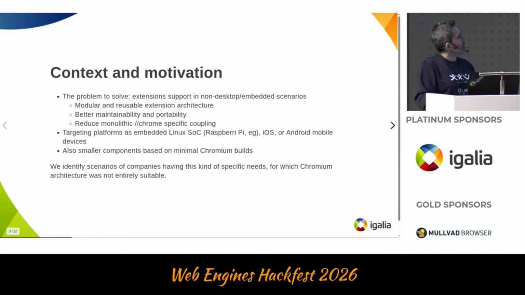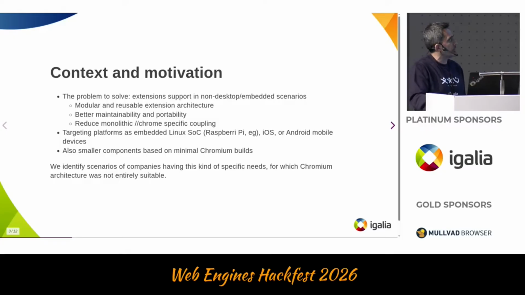So we thought that it could be possible to have a better architecture approach, which was easier to maintain, to reduce coupling with the //chrome directory. So it could be possible also to have extension support on other platforms that are non-desktop. We were targeting other embedded hardware platforms like Raspberry Pi, for example.